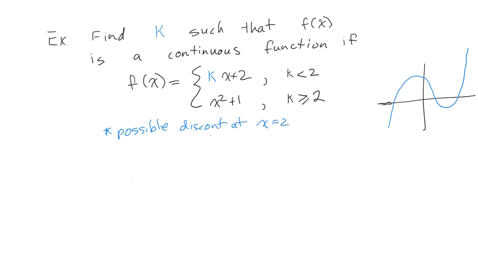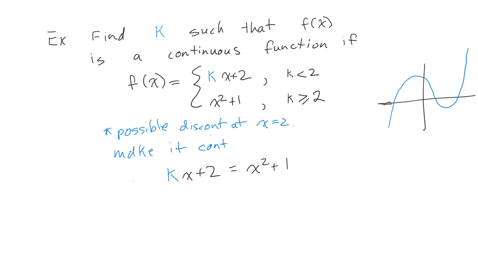Because we have our boundary at x equals 2, to make it continuous, we have to make kx plus 2 equal to the right side of our equation, x squared plus 1.